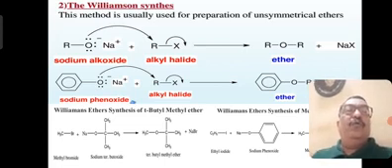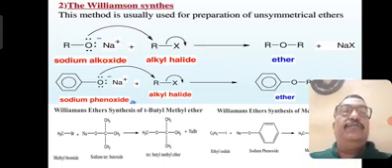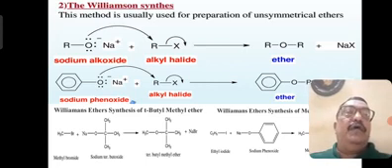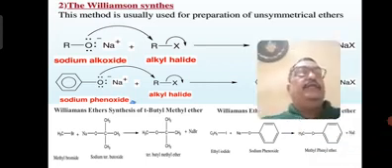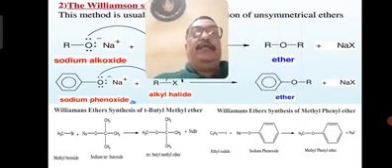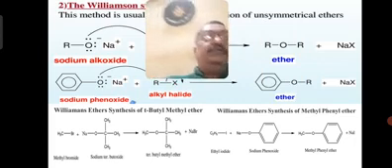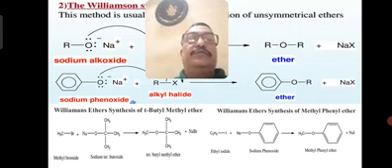Similarly, you can take sodium phenoxide, C6H5O minus Na plus, and treat it with an alkyl halide. The alkyl halide will eliminate as NaX and you will get C6H5OR.